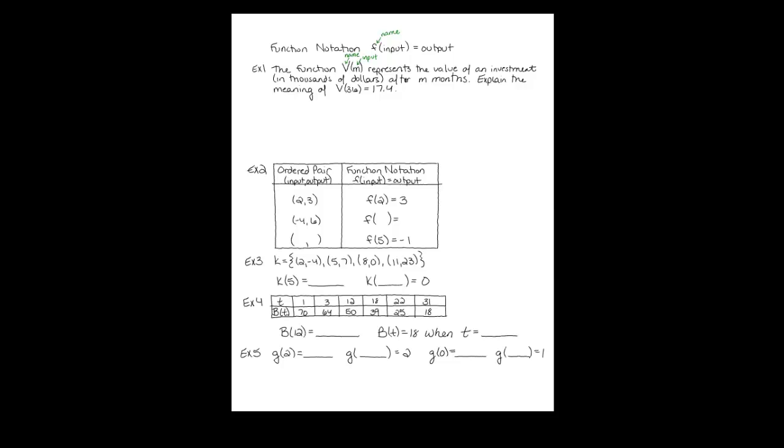So reading through this problem, the input in this case, m, is the number of months. The output is the value of the investment in thousands of dollars. So what we need to do is interpret the meaning of this statement right here.